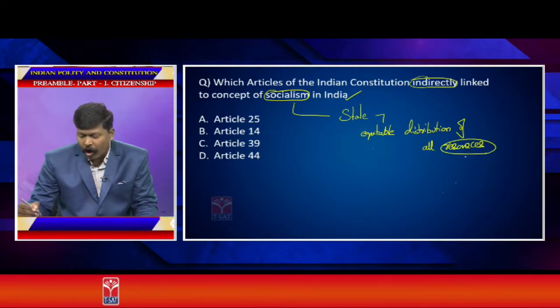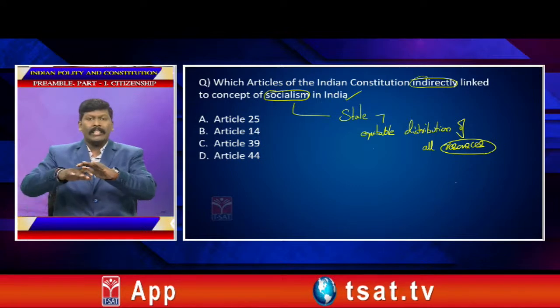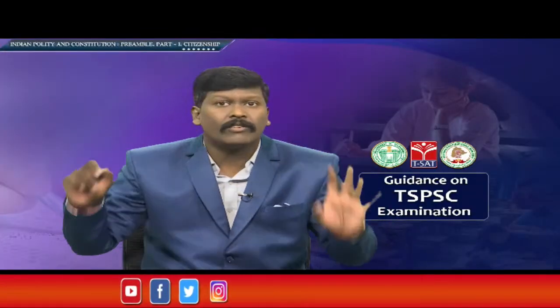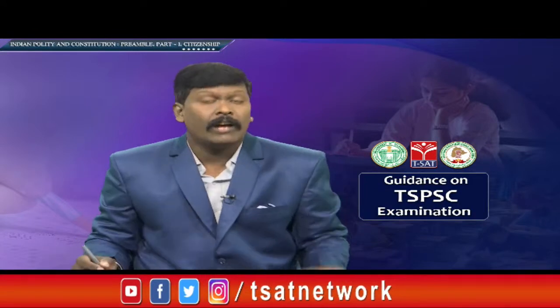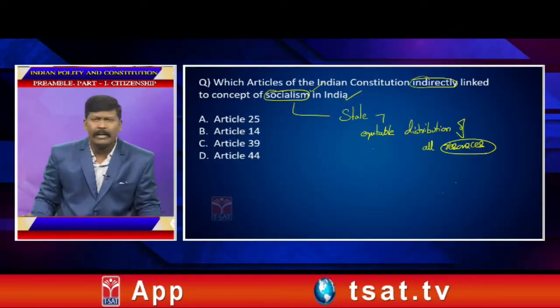In India, all the resources shall be equitably distributed to ensure there is equalness in the society, equity in the society. Now, this concept of socialism was added to the Indian Preamble by the 42nd Constitutional Amendment Act.